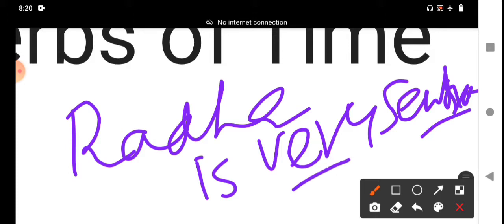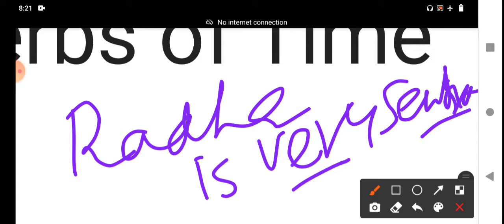Radha is sensitive is a general statement. We express the degree, the intensity of sensitive, with very. That is why a degree adverb modifies an adjective, giving additional explanation about the adjective.